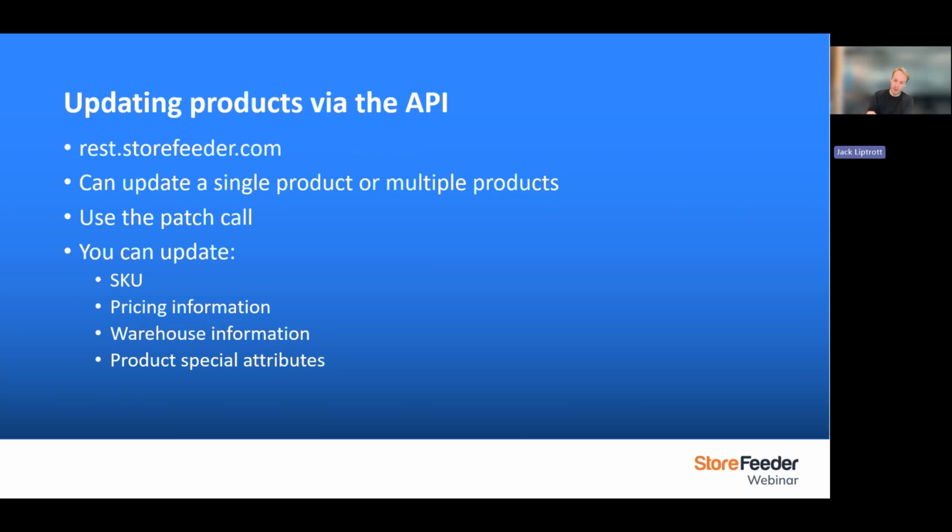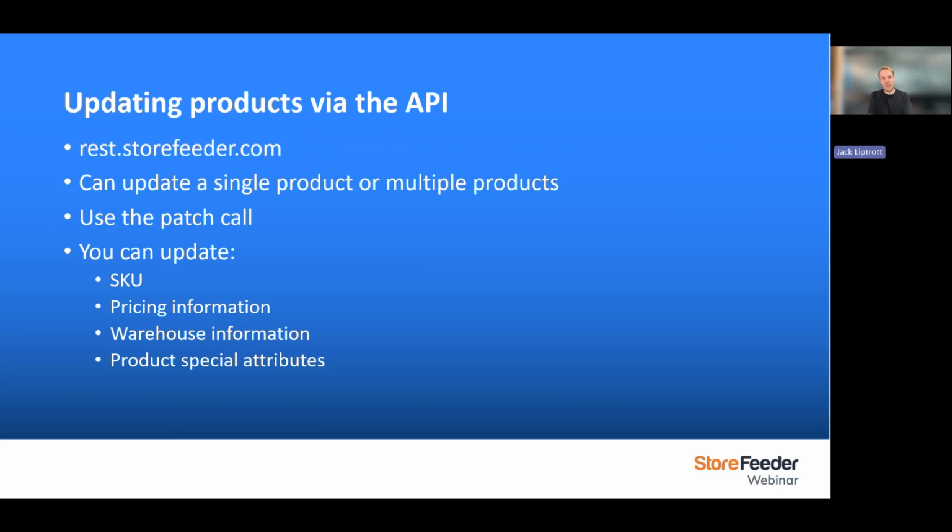I think we support unsupported and supported versions of using the API, but it is available for you to look at without having to add it to your subscription first. You can update a single product through it or multiple products. It's using the patch call, if anyone is technical enough to know what I'm talking about here, so you're updating stuff that already exists.